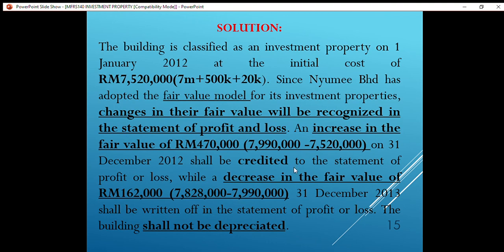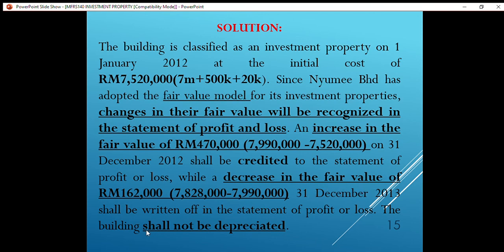While a decrease in the fair value of 162,000, that is 7,828,000 minus 7,990,000, on 31st December 2013 shall be written off in the SOPOL. The decrease in the fair value should be recognized as a fair value loss in the SOPOL for the year ended 31st December 2013.